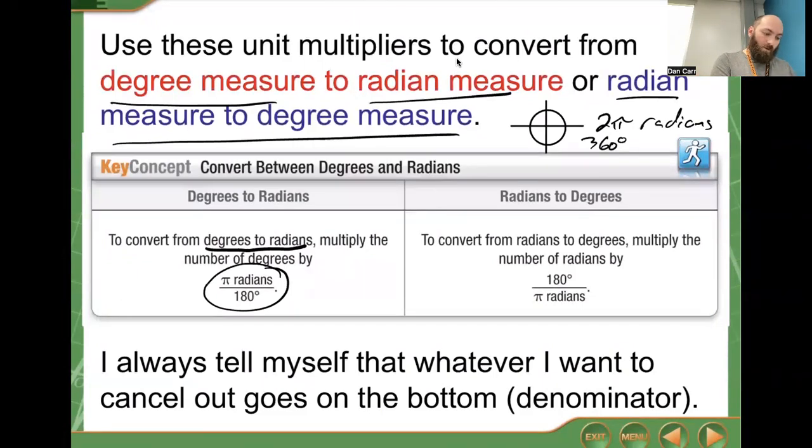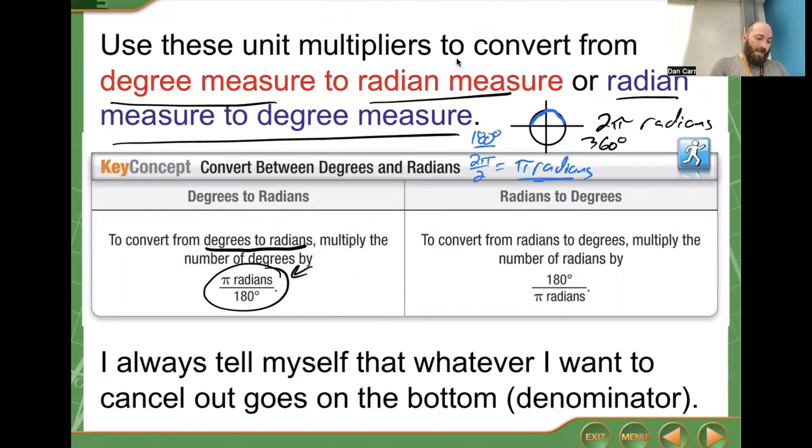Half the circle is going to be 180 degrees. In terms of the circumference, it's half of the 2 pi. So if I take 2 pi divided by 2, that's just going to give me pi radians. So again, what that means is that 180 and pi are the same amount of the circle. Okay, so that's where we're getting this conversion rate from.